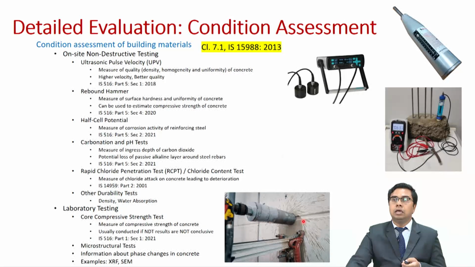We directly do the test on the extracted core, and therefore it is more reliable than non-destructive testing such as UPV and rebound hammer. So, these are usually conducted if the NDT results are not conclusive, and this is based on IS 516 part 1 section 1, 2021. There are other tests such as microstructural tests.